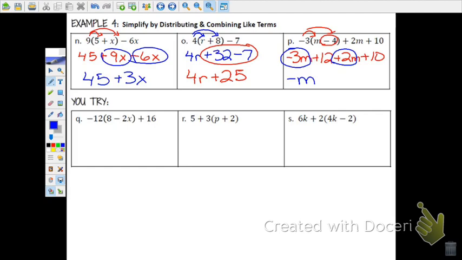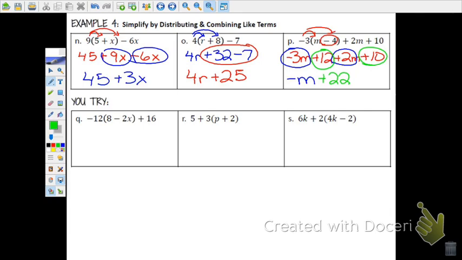So my 1 is always invisible as a coefficient. I also need to combine my constants, a positive 12 and a positive 10, which gives me a plus 22. So I will give you a couple minutes to work through these other problems.